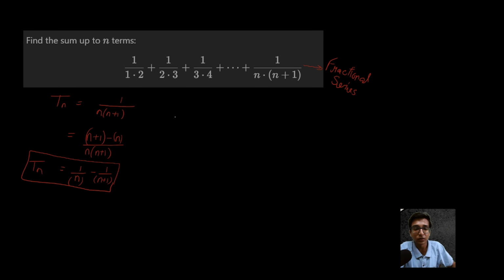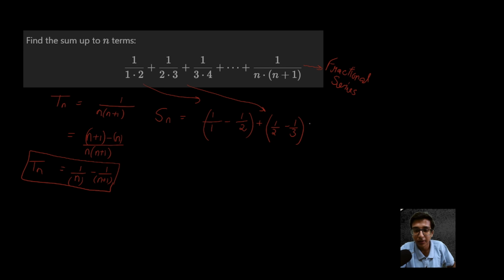Now let's try to write down the entire series in this manner. So this would become 1 by n, which is 1, minus 1 by n plus 1, which is 2. This is the first term. Now writing the second term, it would become 1 by 2 minus 1 by 3, plus 1 by 3 minus 1 by 4, and so on, continuing up till 1 by n minus 1 by n plus 1.